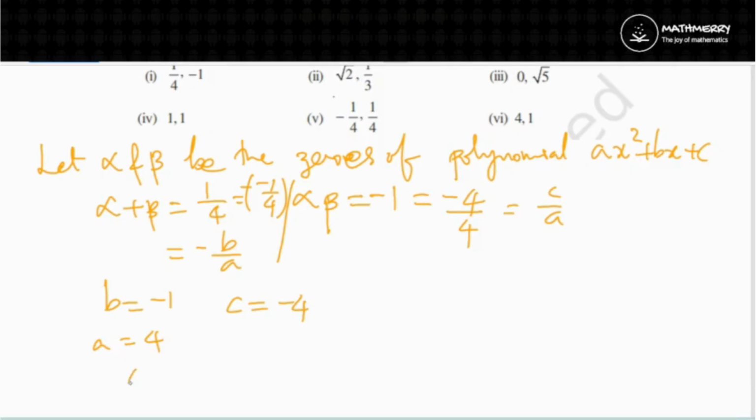So ax square, so 4x square plus b, it's here minus 1, so minus x, plus c, so it's minus 4 is the required polynomial. In the same way, we can do all the other questions.